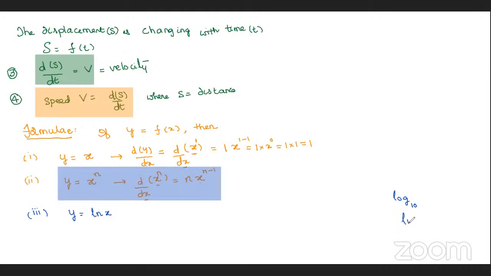If I write it as ln, keep in mind this is log base e. Try to understand these two. On scientific calculators you can see these two buttons, one with ln, the other with log. Log stands for base 10, ln stands for base e.